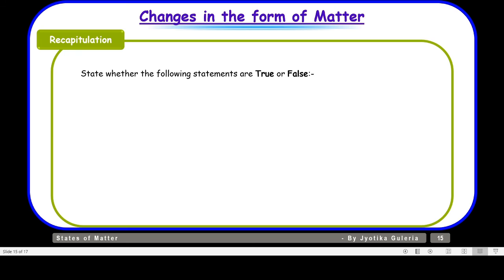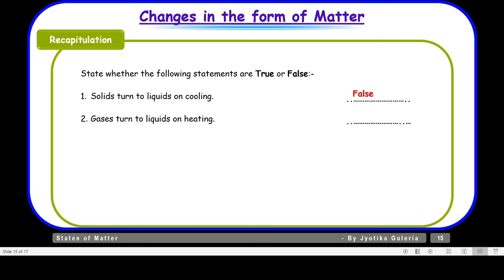State whether the following statements are true or false. Solids turn to liquids on cooling. That is false. We know that solids turn to liquids on heating, because on heating only the particles start moving away from each other. Gases turn to liquids on heating.